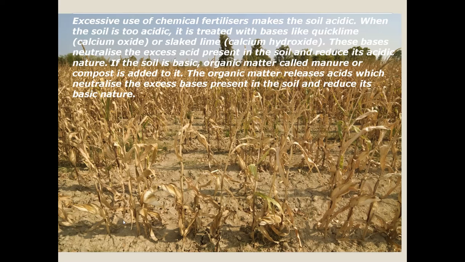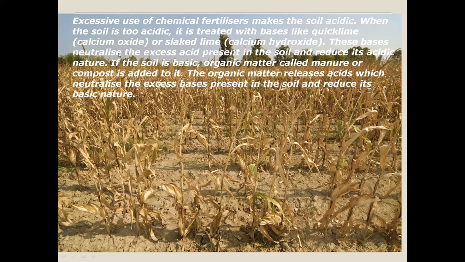Excessive use of chemical fertilizers makes the soil acidic. Because farmers use excessive chemical fertilizer, because of continuous supply of fertilizers that are rich in acid, the soil may turn acidic. So when the soil is too acidic, it is treated with a base like quicklime or slaked lime, which is also called calcium hydroxide.